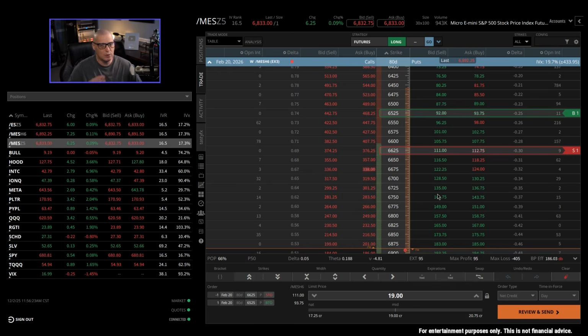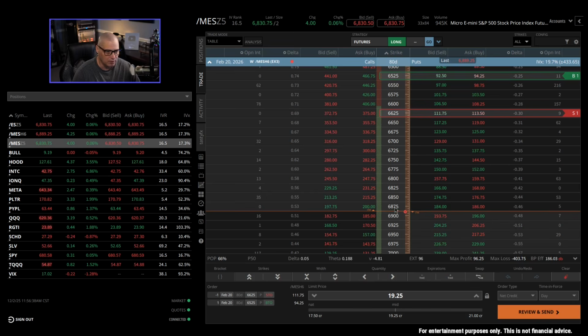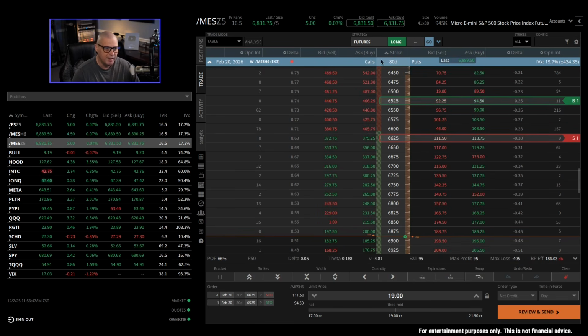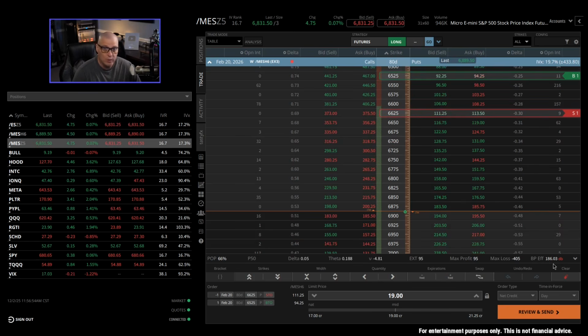But here's the thing. Don't get complacent about this buying power relief. It's great, I love the buying power relief in the futures, but this will change. The only reason this is so cheap right now is because there's 80 days on this trade and we're way out of the money when we first put this on. As this trade goes on, if the S&P 500 started dropping, the buying power is going to go up. Also, as 80 DTE becomes 50 DTE, becomes 20 DTE, as you get closer to expiration, the buying power is going to go up because the risk on the trade goes up.